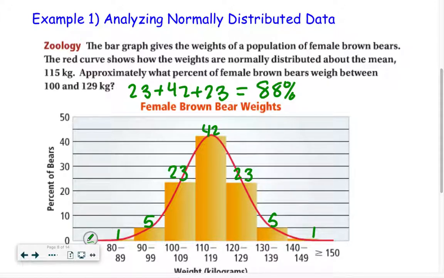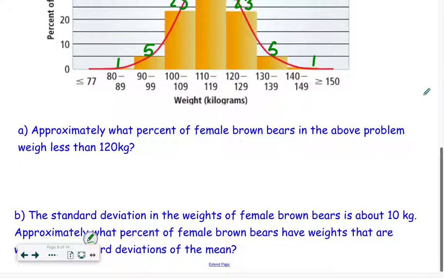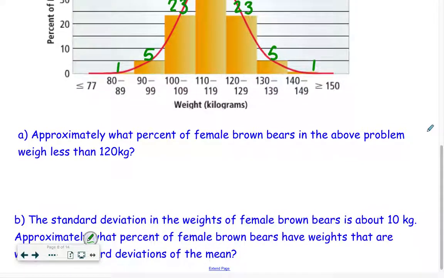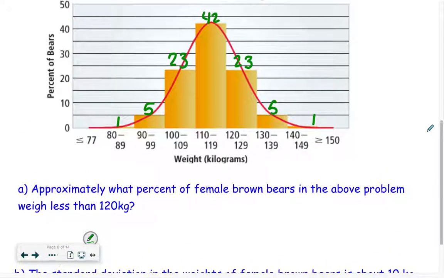Okay, the next question says approximately what percent of female brown bears in the above problem weigh less than 120 kilograms? Well, 120 is right here. 120 is included in this 23 bar, but since it says less than 120, we're not going to include the 120. So we're just to the left. Does that make sense?